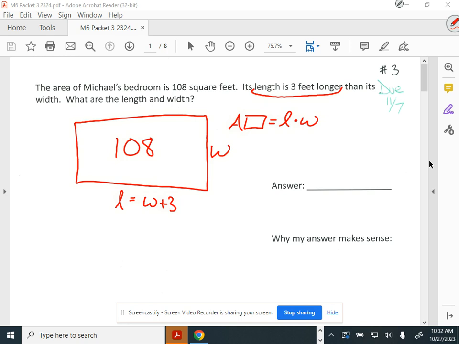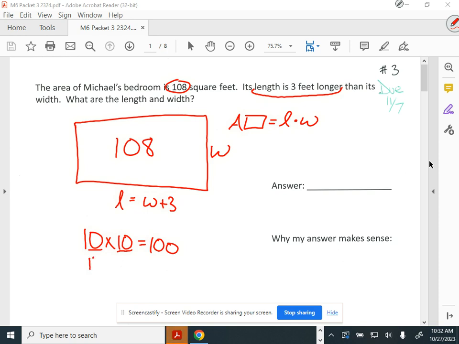When I look at it, I always go with numbers that I know, easy numbers. I know my final answer has to be 108. So I'm going to say, okay, 10 times 10 is 100. That's one of my easy multiplications that I know. But my length and my width can't be the same. They have to be 3 apart.